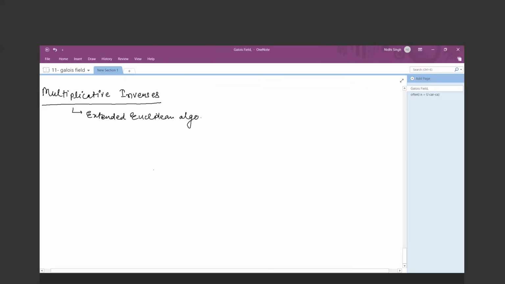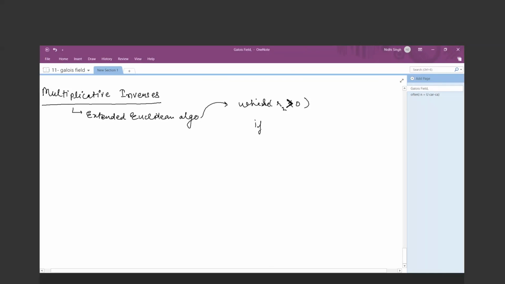So what does the extended Euclidean algorithm say? In short I am telling you, I will not write the full algorithm. While R2 is greater than 0, continue.